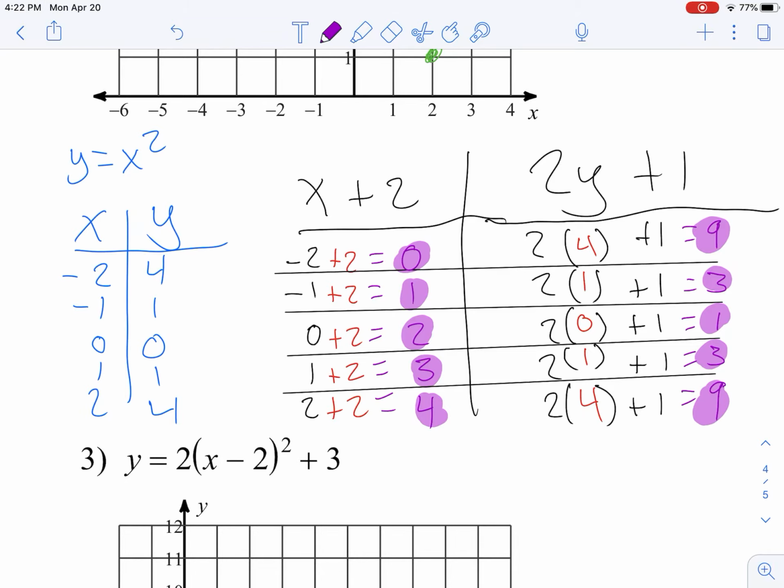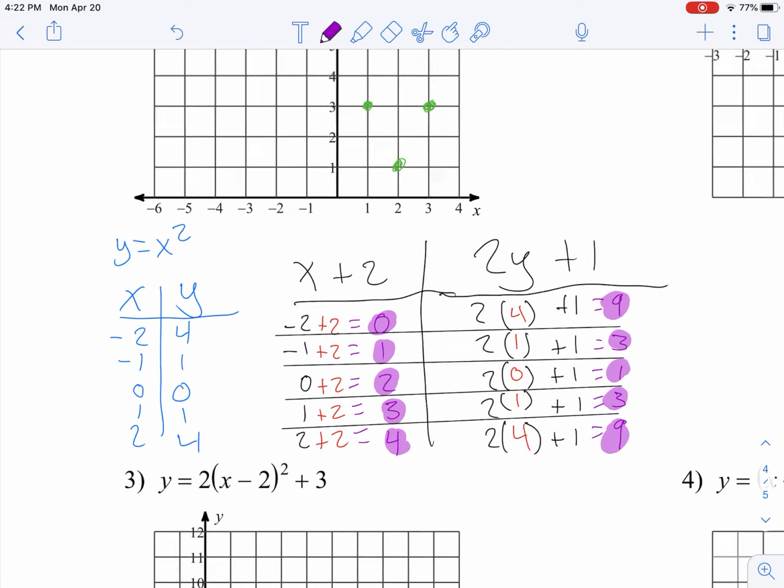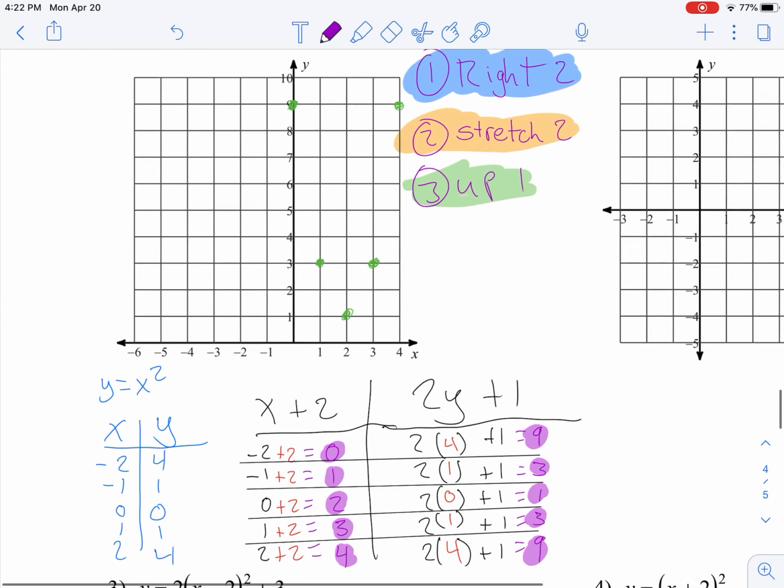My x coordinate, comma, my y coordinate. So if I were to plot these on my graph, 0, 9 is right here. Oh, that's right on top of that. 1, 3 is right here. Oh, look at what's happening. 2, 1 right here. 3, 3, and 4, 9.